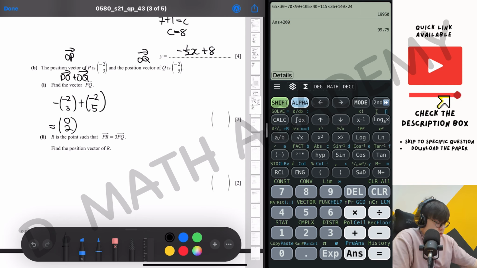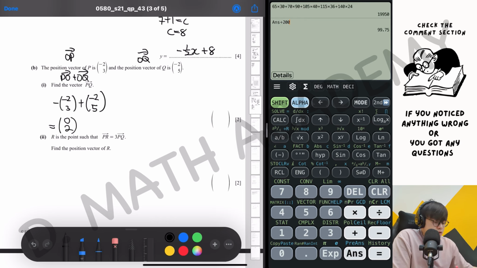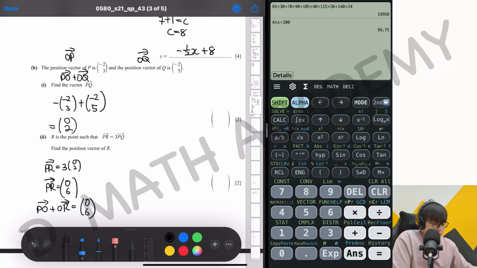Okay, so R is the point where PR equals 3PQ. To get to PR, we have PO plus OR equals (0, 6).